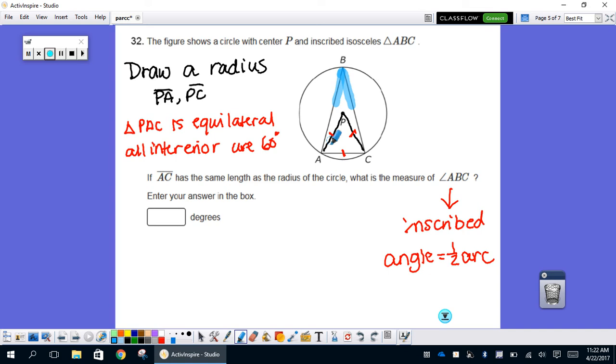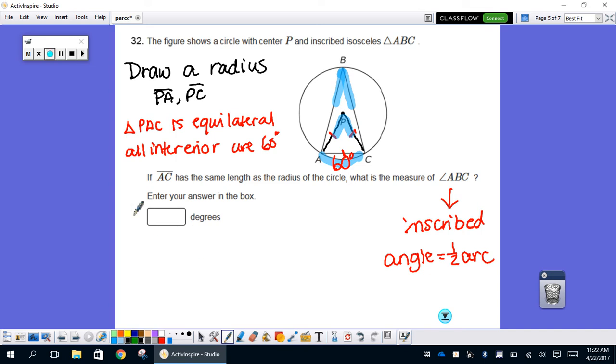Lucky for us, we have a central angle right there, which is the same as the arc. So the arc that we need is 60 degrees, but the angle that we need needs to be half that arc. So you need to take half of 60, and hopefully you can put your answer right in the box.